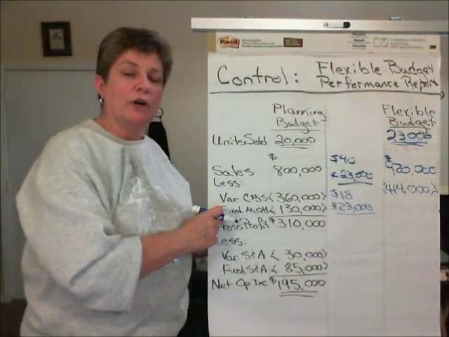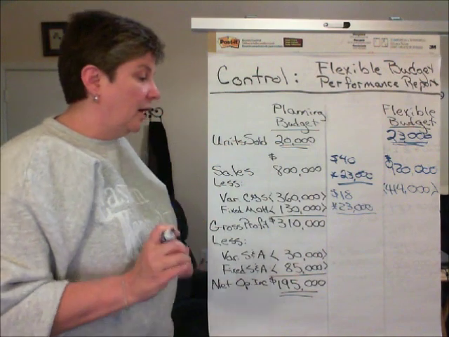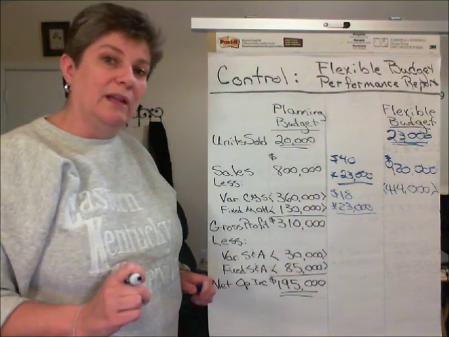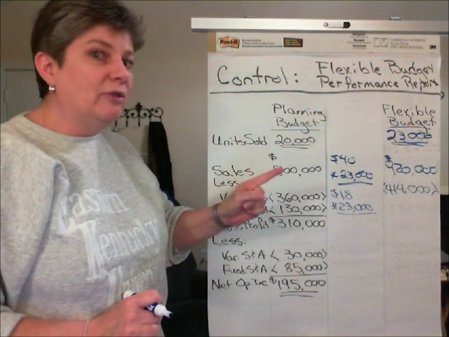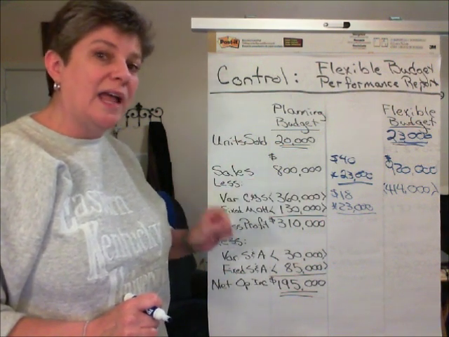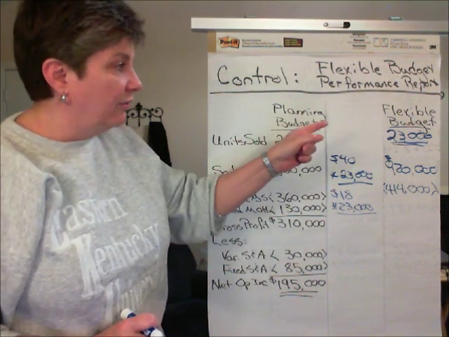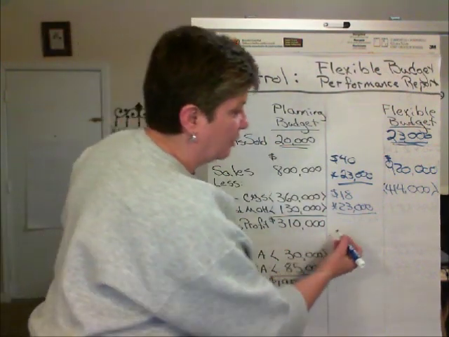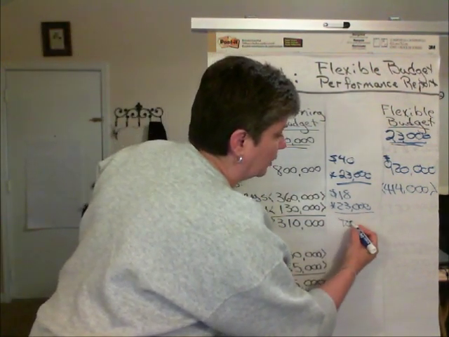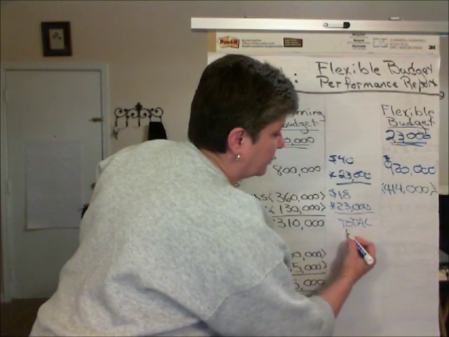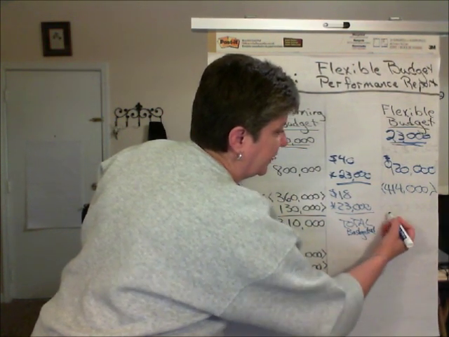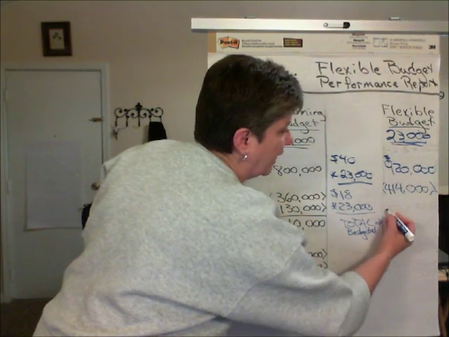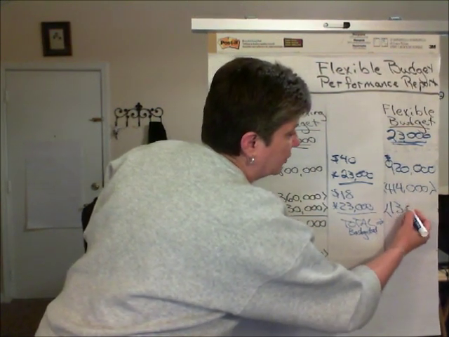Now on fixed overhead, since that $130,000 was within the relevant range for actual production and sales, the total fixed overhead should not have changed. So the flexible budget amount for fixed overhead is the total that was budgeted, because we're in the relevant range for that figure. So that's $130,000.